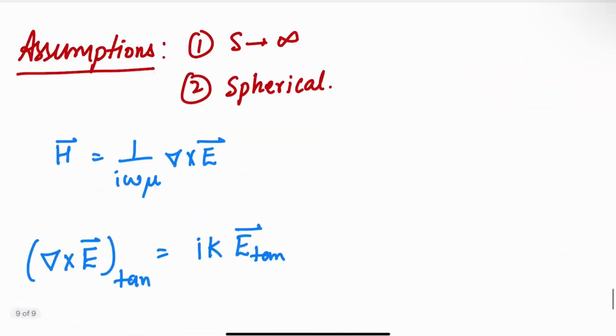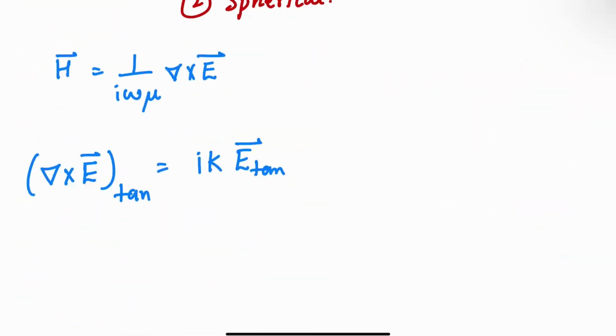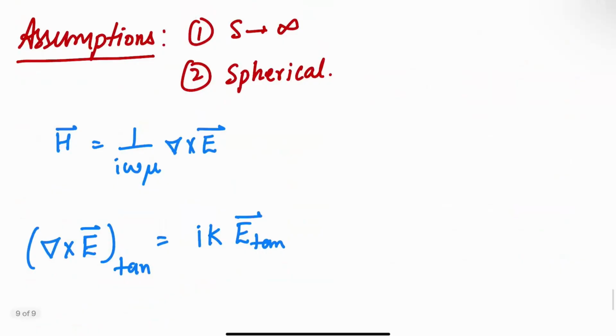So this is an equivalent condition, but it's a condition that's not really easy to impose because you need S to be large and also to be spherical. So this is called a first order boundary condition, the first order absorbing boundary condition.